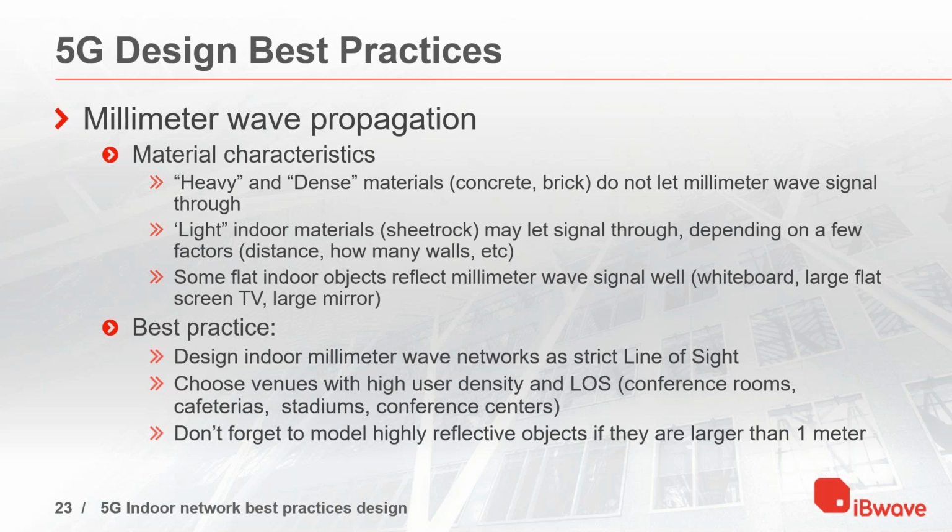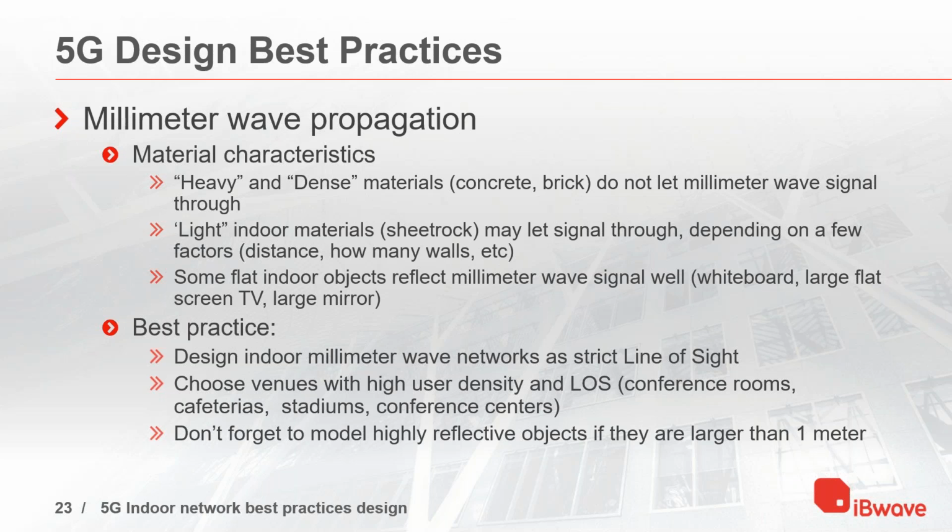But there are light indoor materials like sheetrock that may let the signal through, depending on a few factors like distance, how many walls are between the transmitter and receiver, and so forth. We have also seen that some flat indoor objects reflect the millimeter wave signal very well, such as a whiteboard, a large flat screen or TV, or a large mirror.